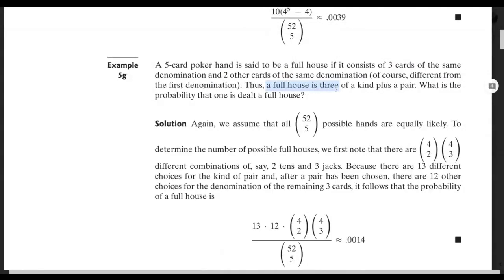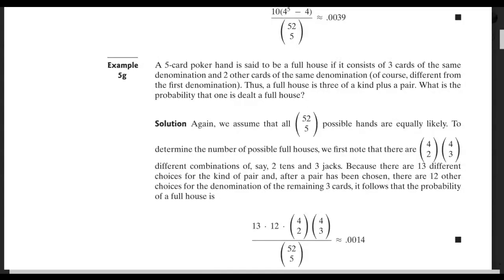What is the probability that one is dealt a full house? The sample space is still 52 choose 5 cards. Remember we have 4 suits, so we have 4 of the same number, because each suit has 13 numbers from ace up to 10, jack, queen, and king.